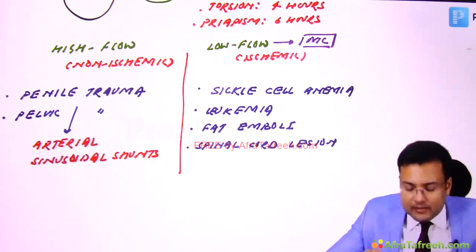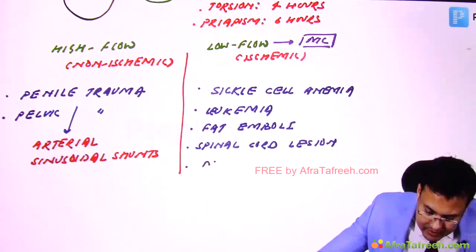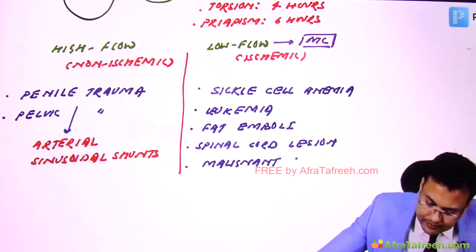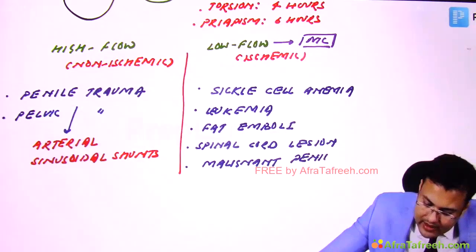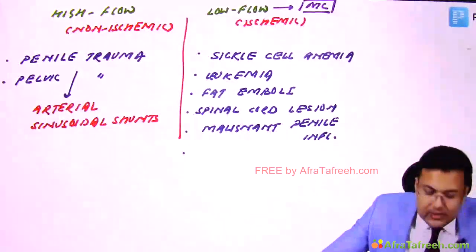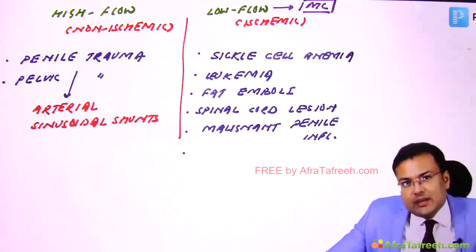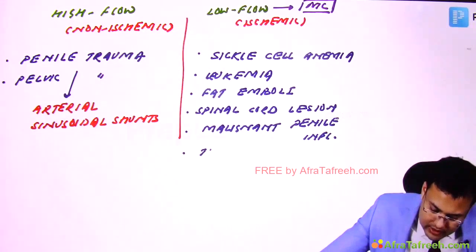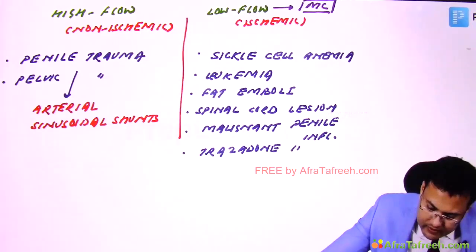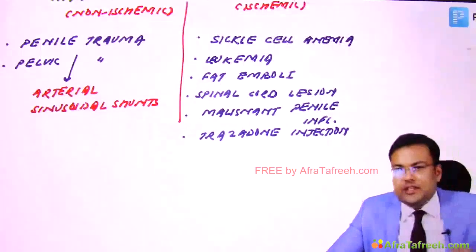And that's priapism. Okay, so this is malignant penile inflammation. And what else? Sometimes vasoconstrictors are being injected, so trazodone injection.